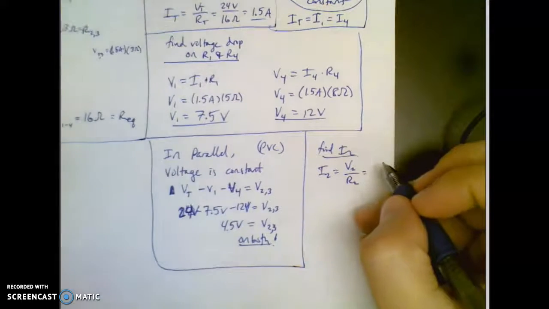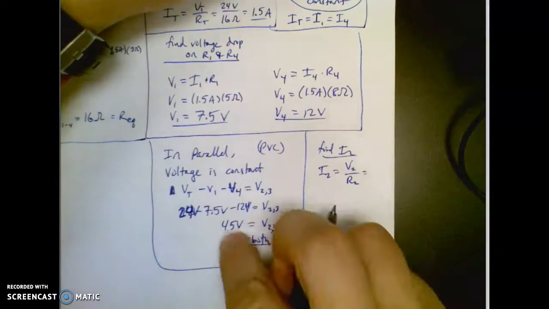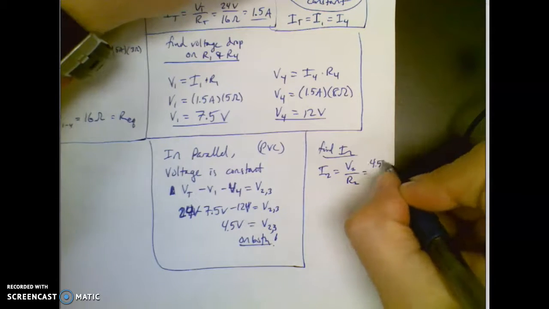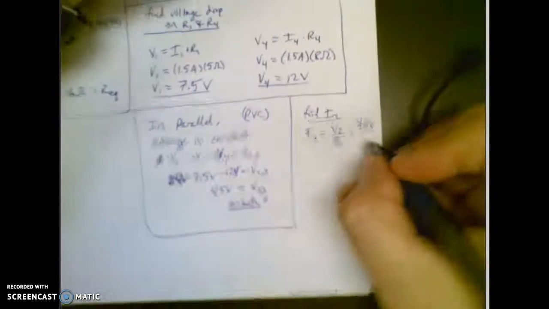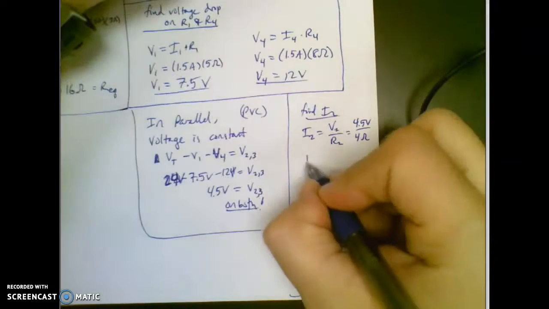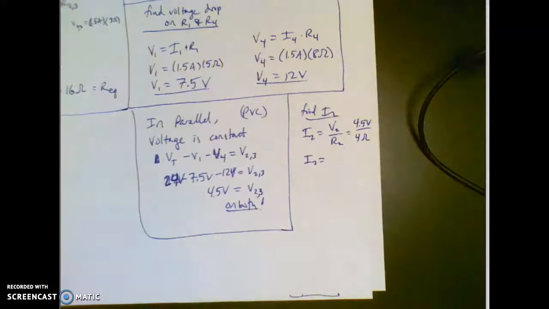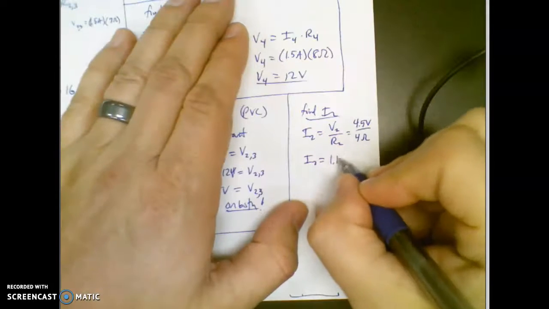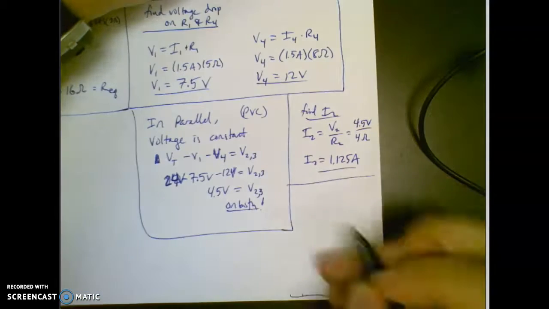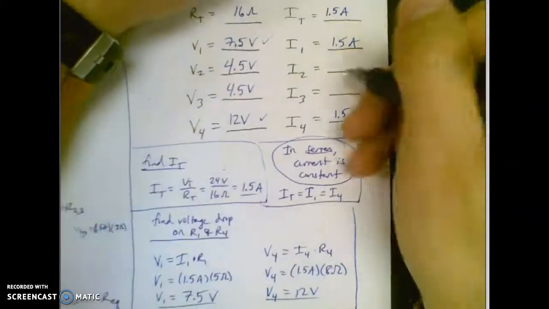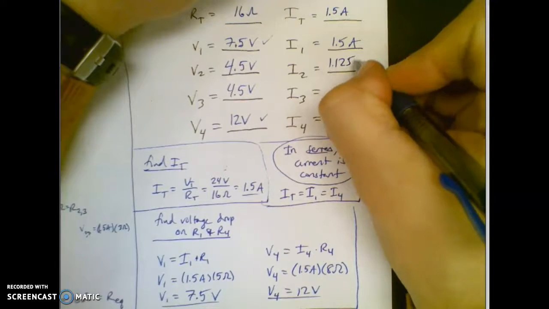And V2 is 4.5. We just found that, right? 4.5 volts. R2, back to our original picture, was 4 ohms. So I2 is going to be whatever 4.5 divided by 4 is, and that's 1.125 amps. Okay. And finally, we're going to find, let me write that up here, 1.125 amps.